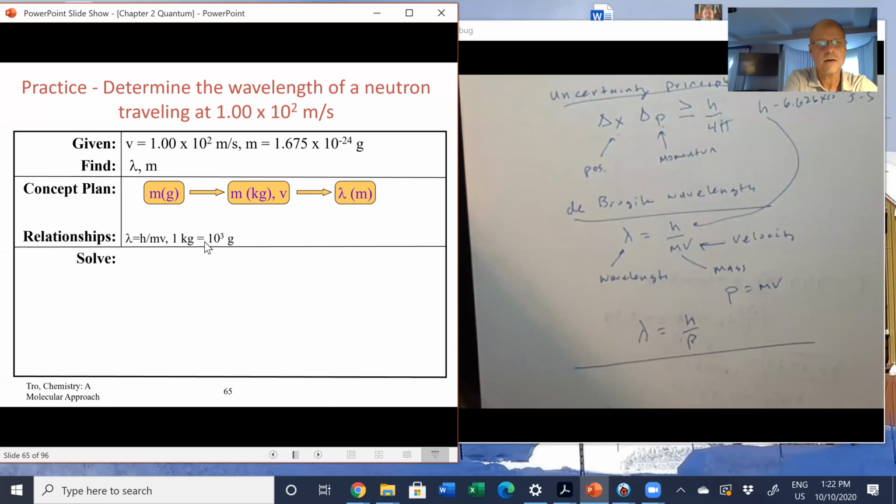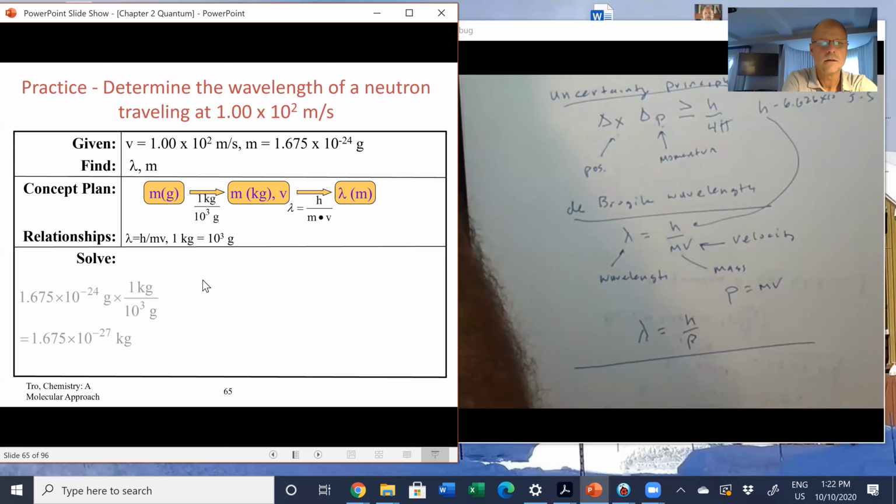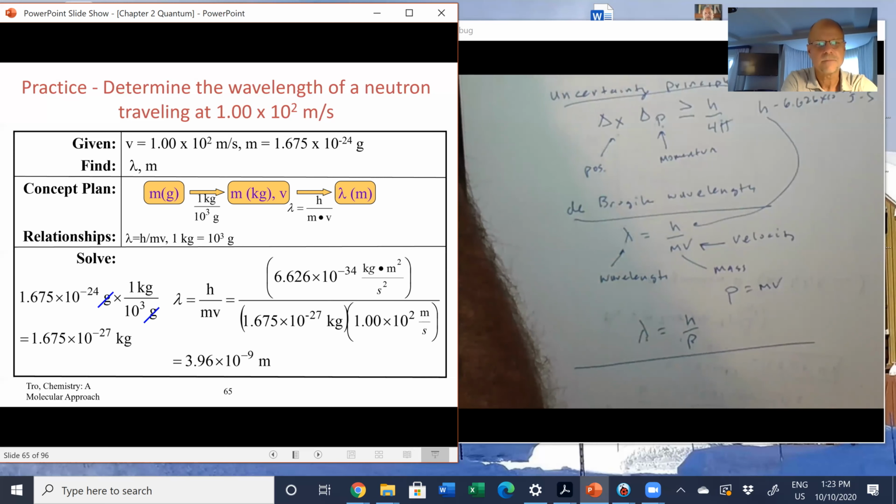In order to get the units right, we need to convert the mass into kilograms. So we convert the mass of the neutron into kilograms, and we get 1.675 times 10 to the minus 27 kilograms. Grams cancel.